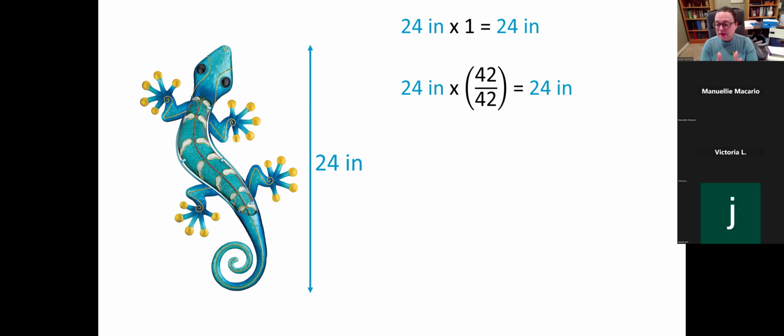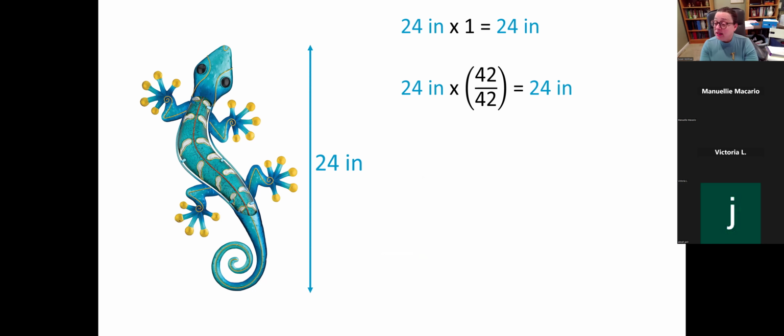Haven't done anything crazy. You'll note my gecko is still the same size he was before. And of course, 24 inches times 42 divided by 42 is still 24 inches. Again, my gecko, same size he was before.